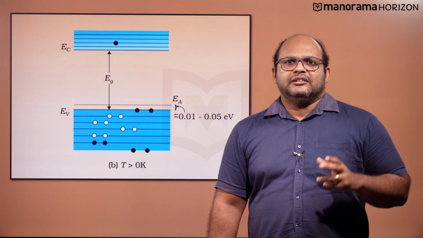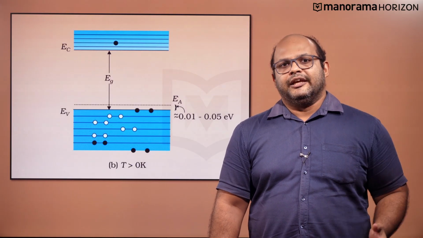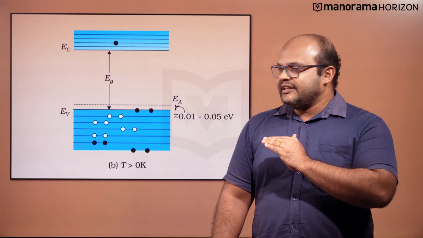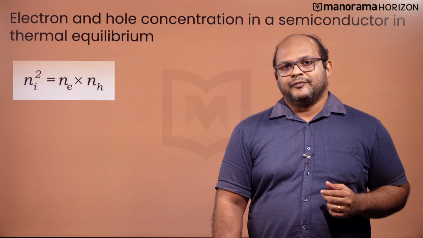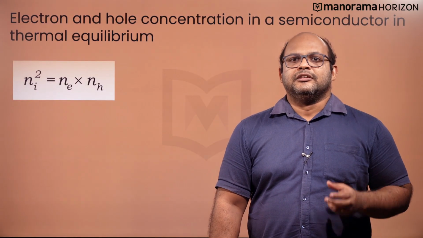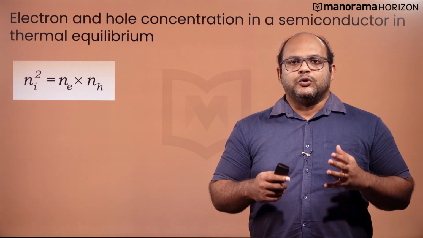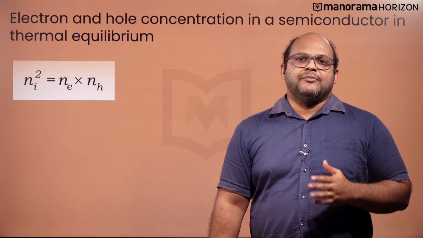Alternatively, we can say that a small supply of energy is sufficient for the holes to sink from EA to EV, which means that at room temperature, most of the acceptor atoms get ionized, leaving holes in the valence band. The electron and hole concentration in a semiconductor in thermal equilibrium is given by the formula Ni squared, that is the square of the total number of charge carriers, is equal to Ne times Nh. So let's summarize what we have done so far.